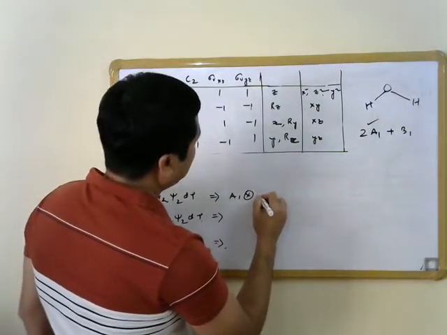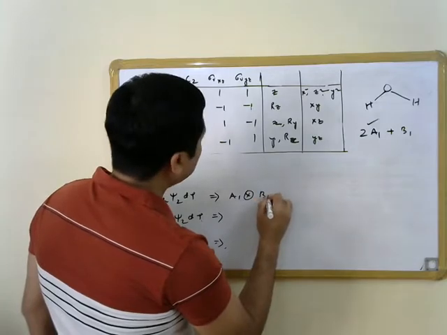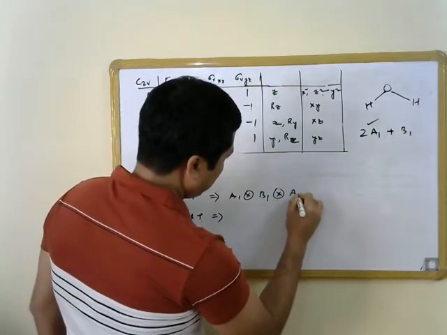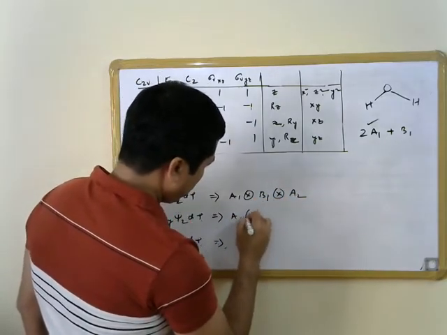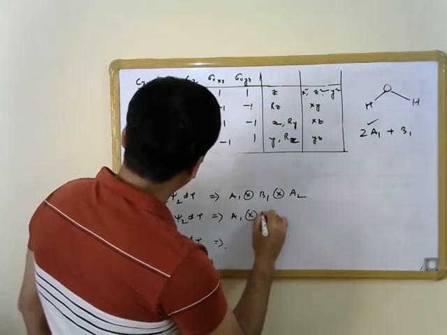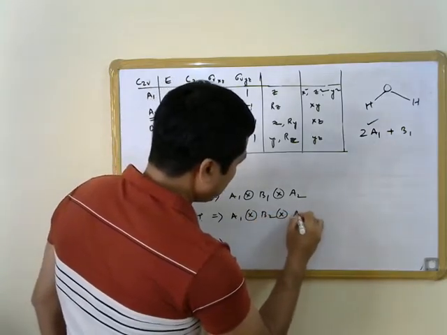That is, mu x is going to be B1, A2, B2, A2.